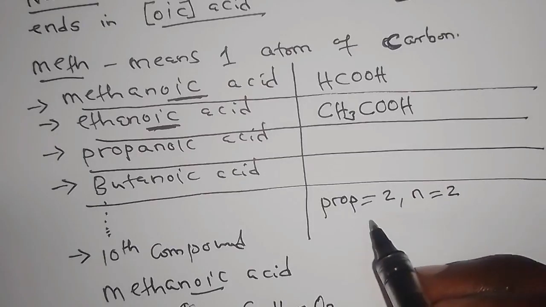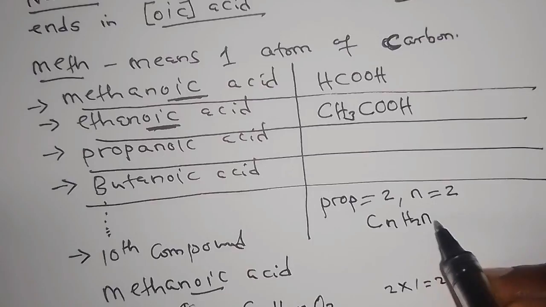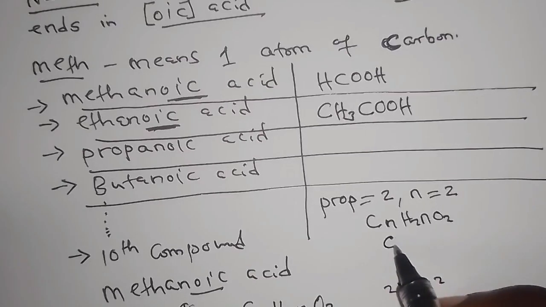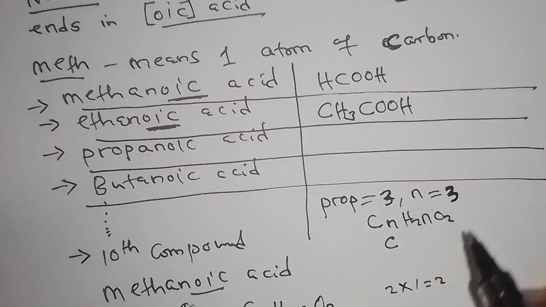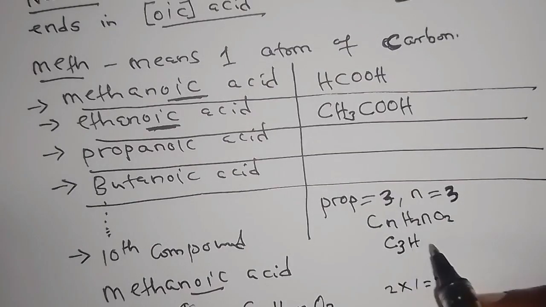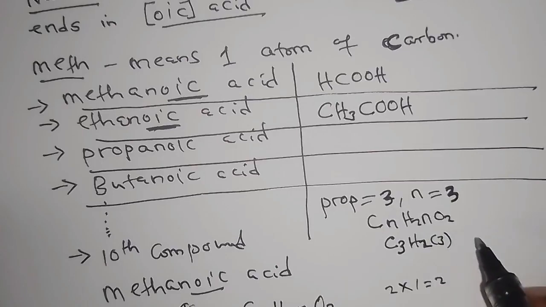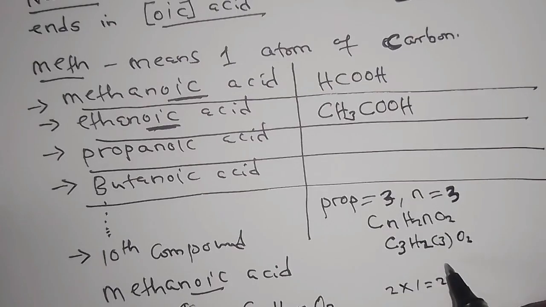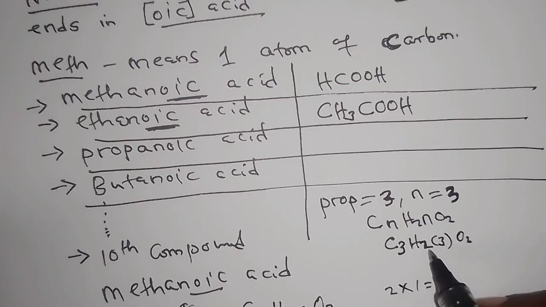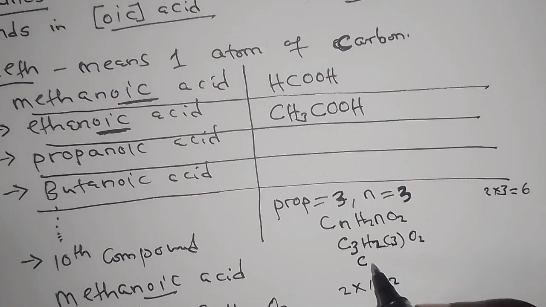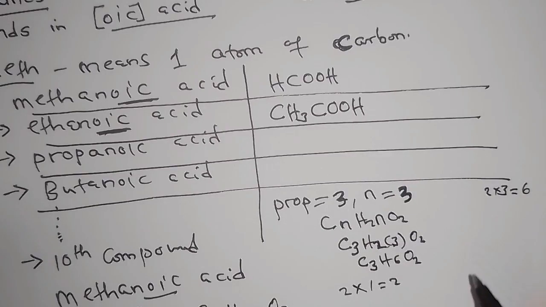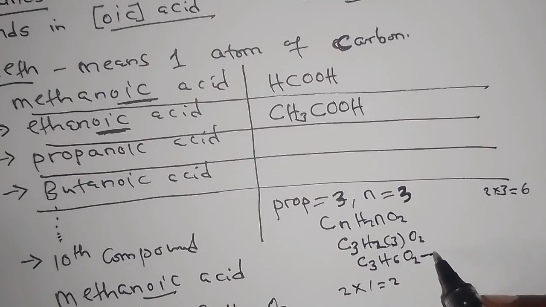So CnH2n O2: you put 3 there, then 2 times 3, which is just 6. So it's going to be C3H6O2.